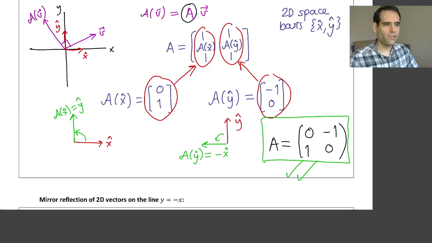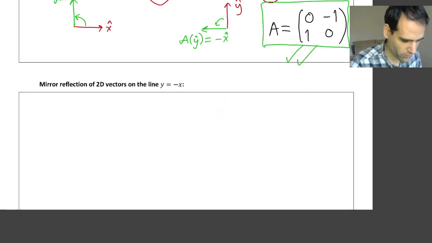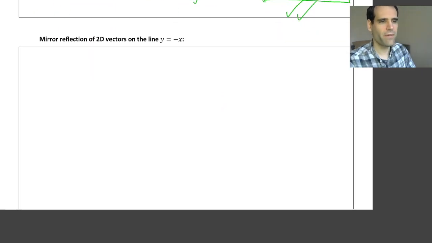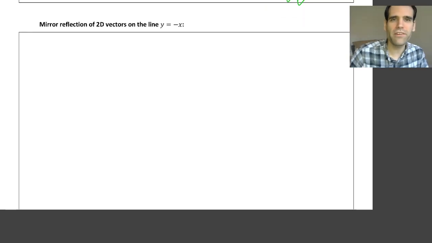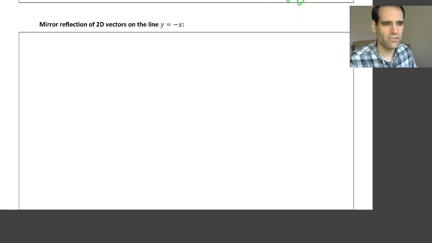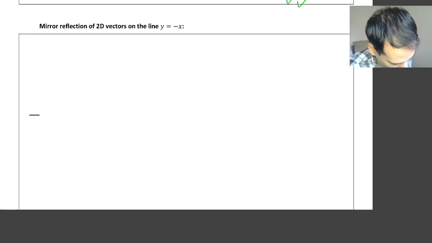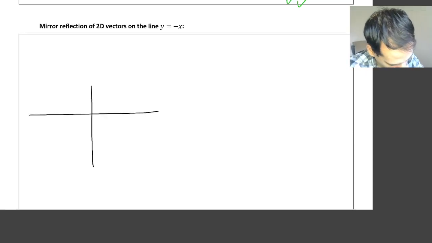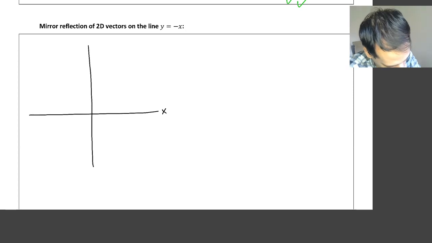Let's do another example. Let's do this second problem. We want the transformation, or we want the matrix associated with mirror reflection of two-dimensional vectors on the line y equals minus x. So first, let's draw what this looks like. So we have x and y.